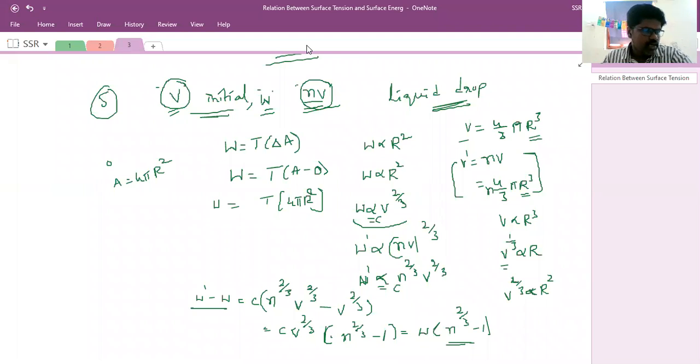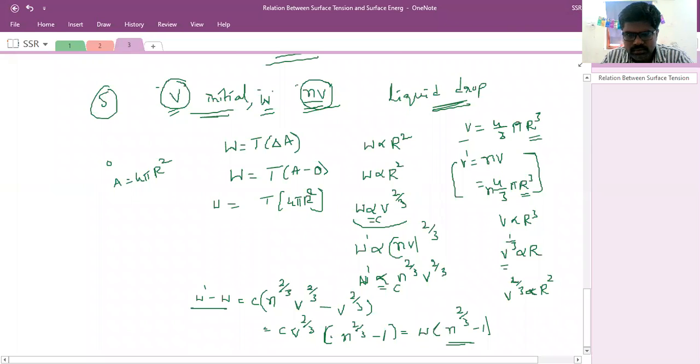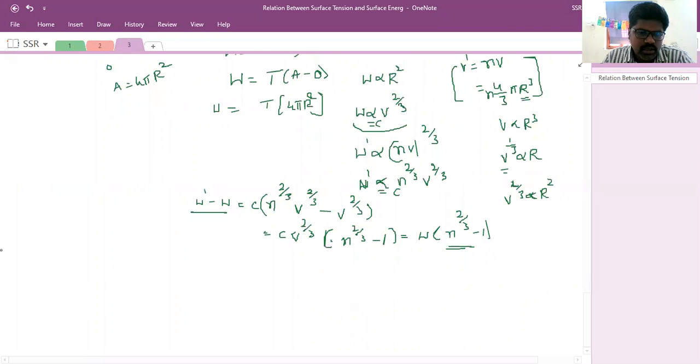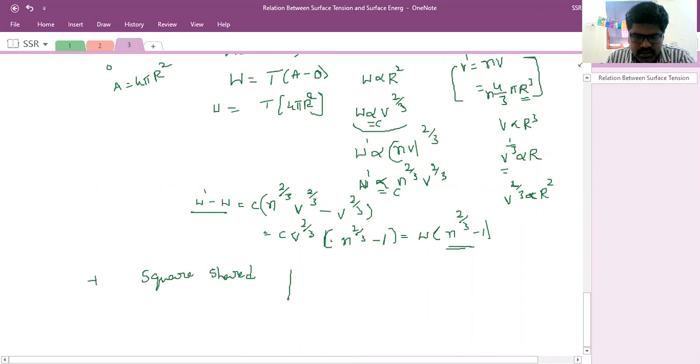Suppose a simple understanding. This is also an interesting concept. A liquid is taken from a square shaped container, like this.